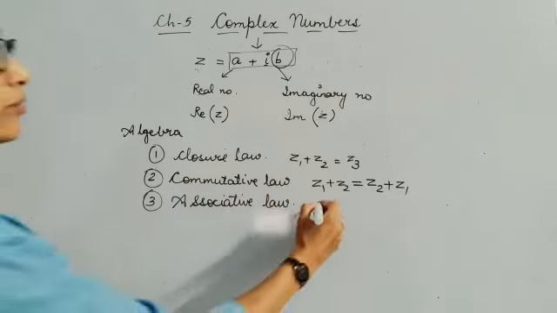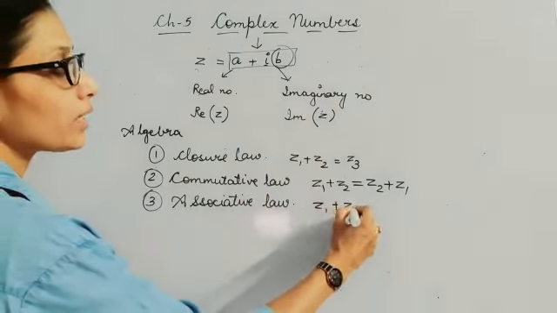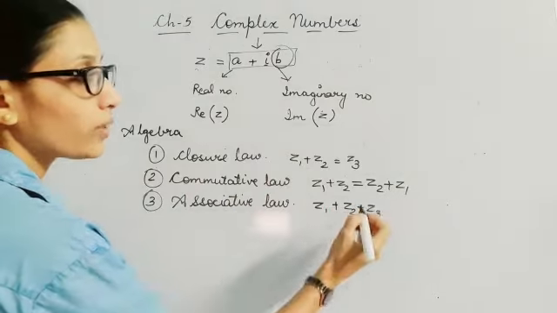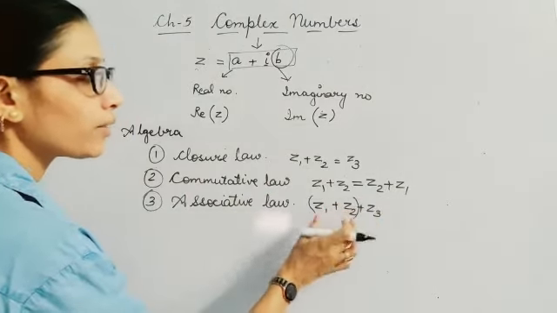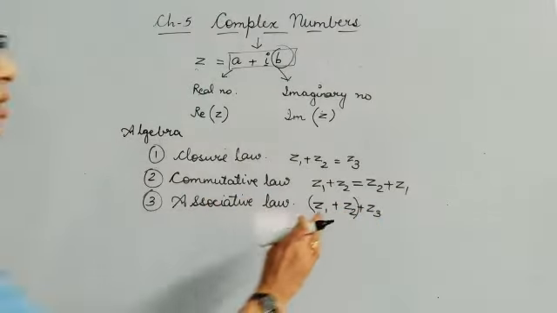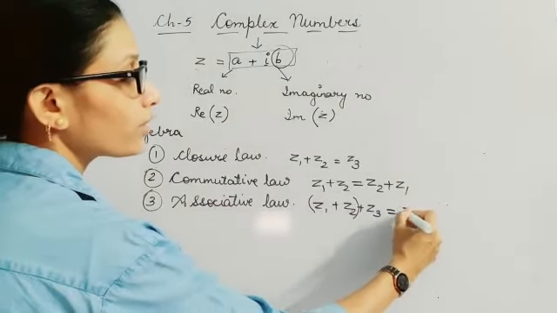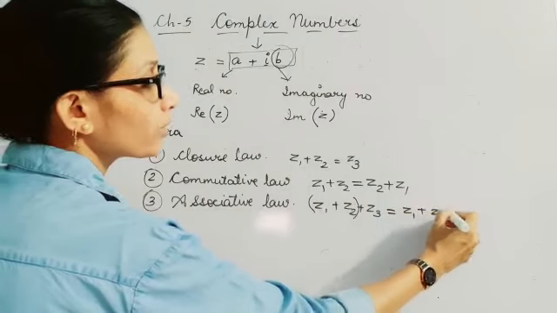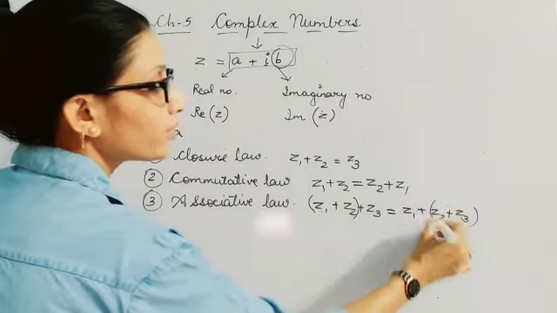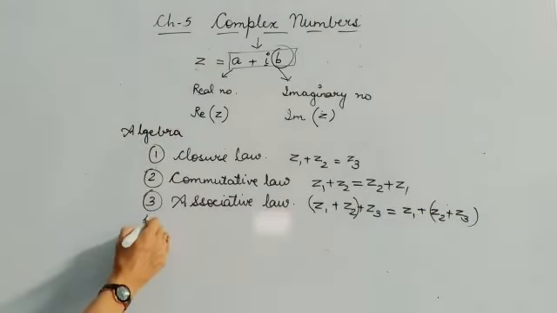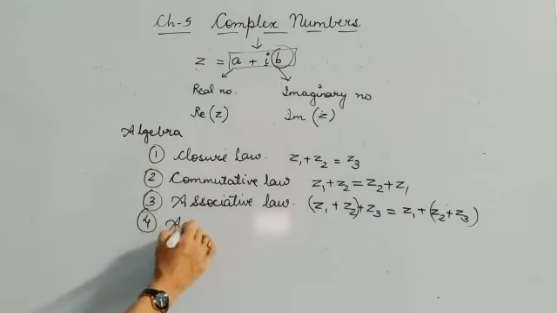That means if three complex numbers are added in different ways, if I pair up two and find their addition, and then add it to z3, and if the pair is changed, then also you will get the same answer. Fourthly, you can have an additive inverse.